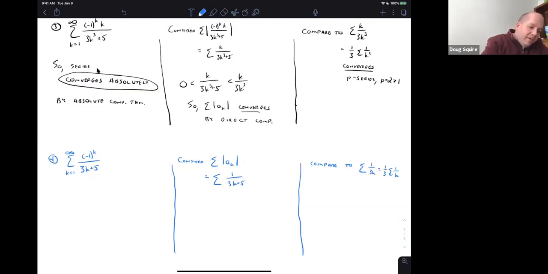Okay, that diverges, because it's a constant multiple of the harmonic series. Everybody clear? Any questions so far?